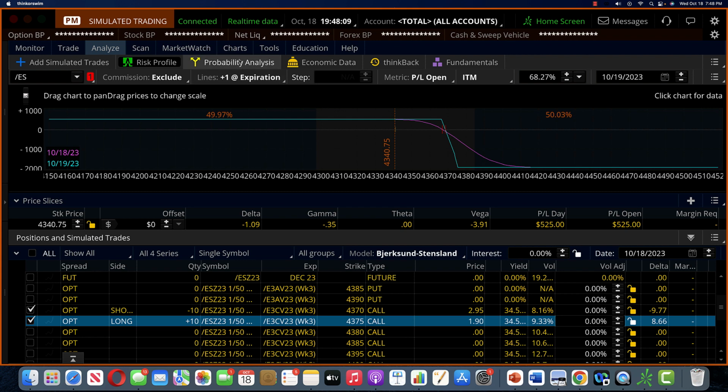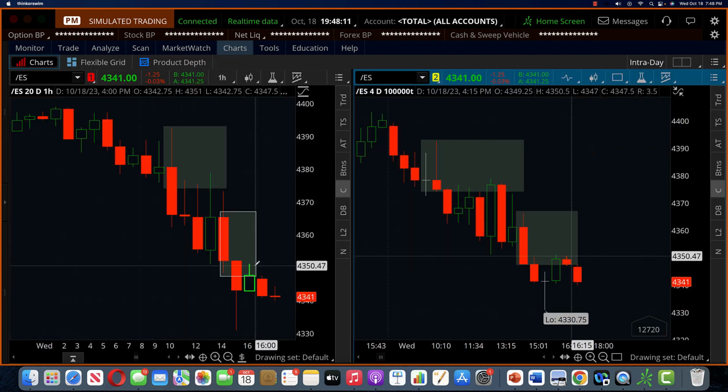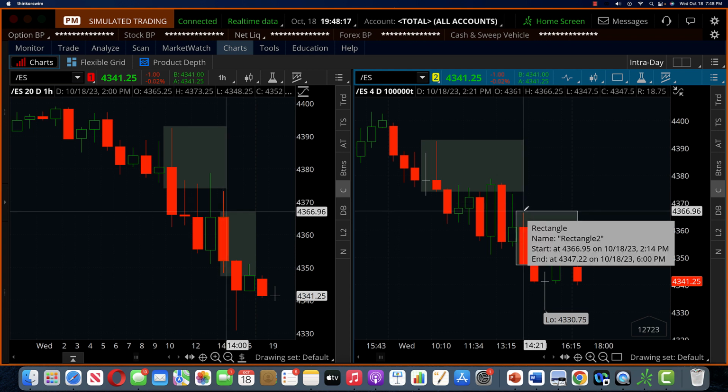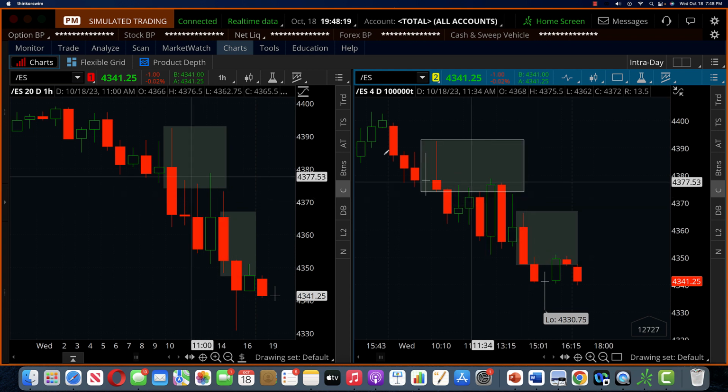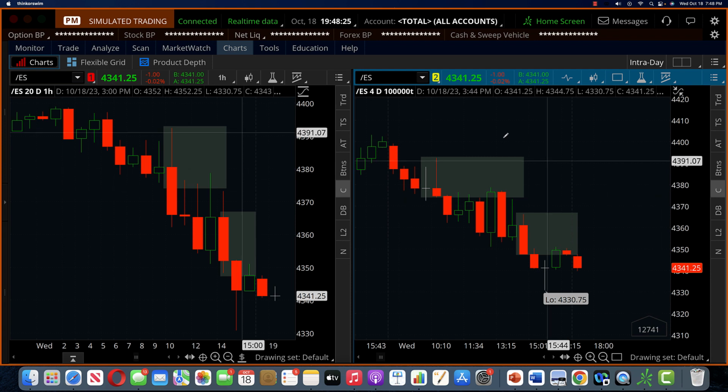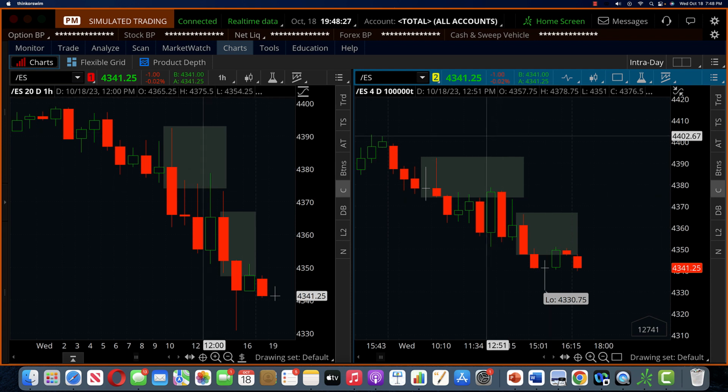If it hit above 4370, if the market came back above this level and closed above here, 4366, then I would obviously exit the trade with a loss. But it's the 1-to-1 that I like to go for. So I like to go for anything that is 30 delta, 40 delta.